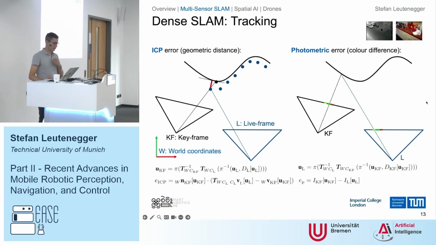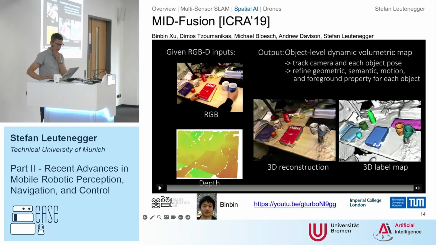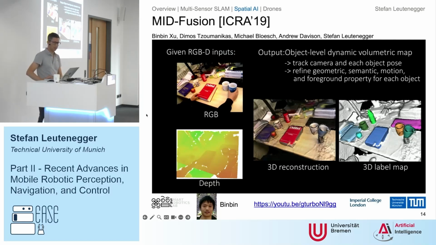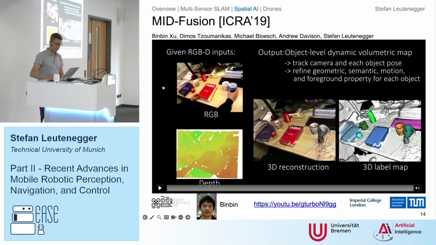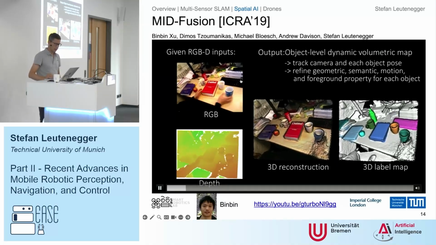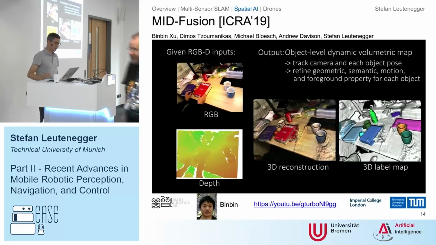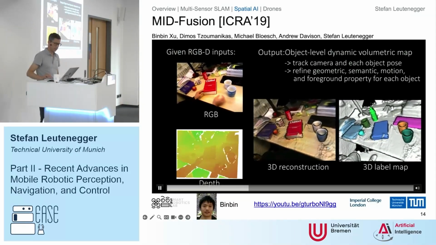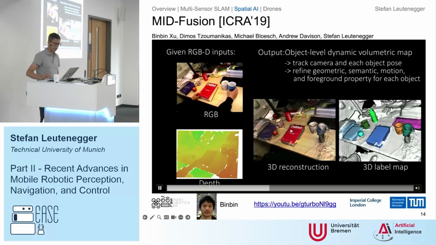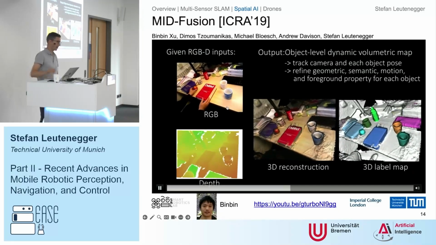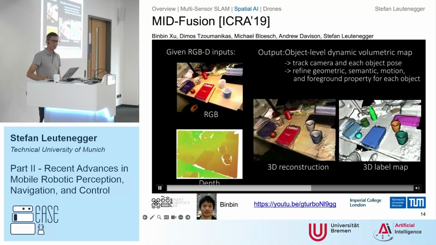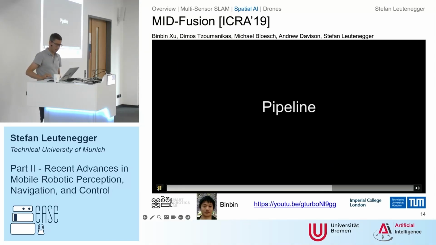So we can use some of these ideas now also in some more recent work that we have done in terms of trying to really move towards object level understanding, object level mapping. So in this work, we are trying to localize the camera, reconstruct the static world, and at the same time also segment the world into semantic objects and track moving objects while we also reconstruct them. So it's kind of maybe the hardest possible problem.